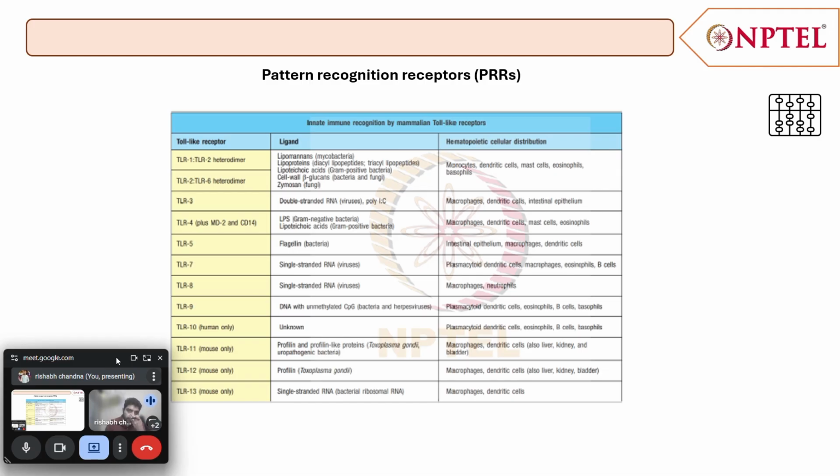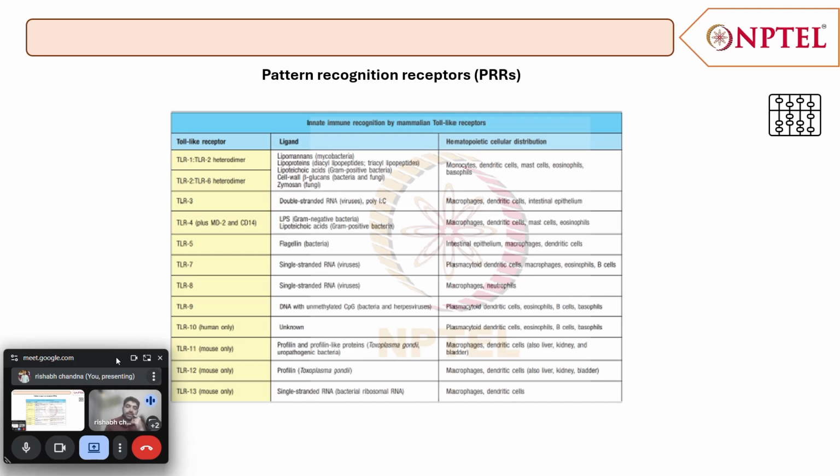So we have TLR1 and 2, a heterodimer, that recognize lipoproteins and lipoteichoic acid, and TLR2 and 6 also, plus cell wall beta-glucans and zymosan from fungi. Their cellular distribution is monocytes, dendritic cells, mast cells, eosinophils, and basophils.